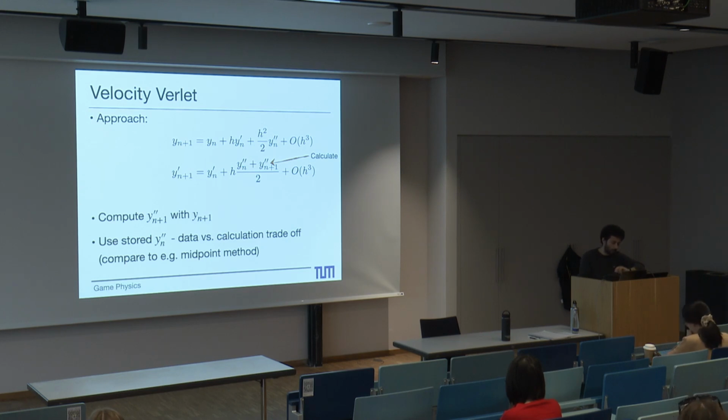Now it is important to notice that we are moving our trade-off from computation to memory. So in order to achieve the same accuracy, we don't necessarily need to do more calculation, but we need to store the value of a certain function, of a certain acceleration, and so on and so forth, at different steps.